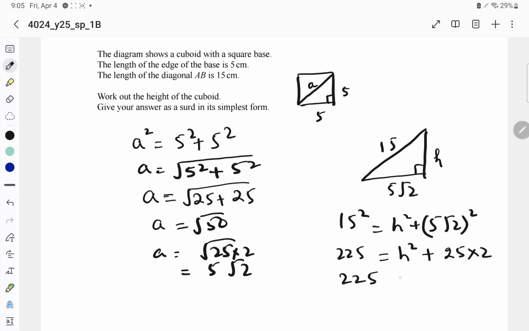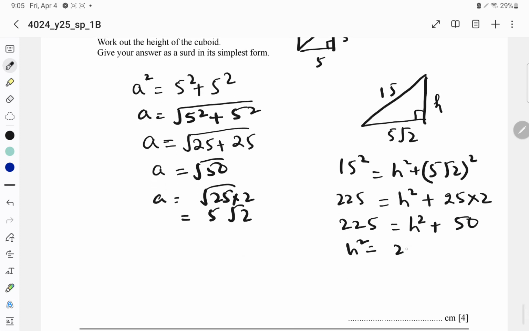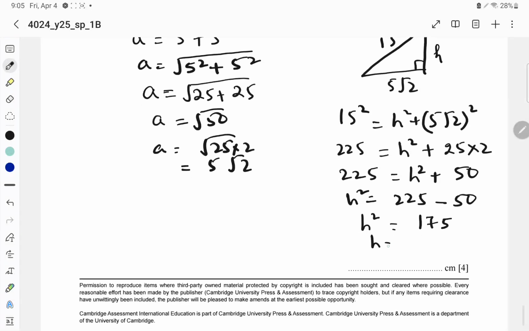225 is equal to h squared plus 50. h squared is equal to 225 minus 50. So we can subtract 225 and 50, that is easy. It's 175. Alright, so the square root of 175.